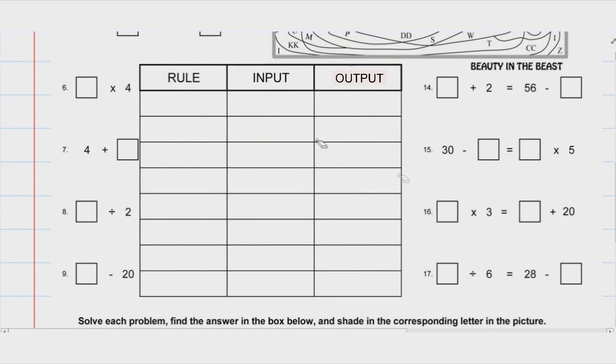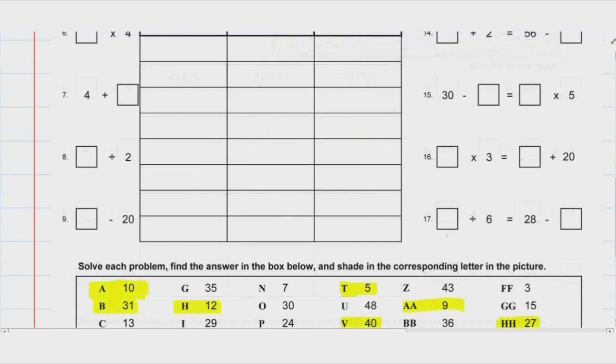All right, problem 17. We are dividing by 6 and then doing 28 minus an unknown. Well, again, this tells us it has to be a multiple of 6 to give us a whole number. So we're talking like 6, 12, 18, 24, 30, 36. So we're going to divide by 6.